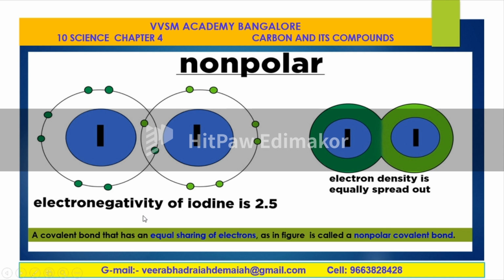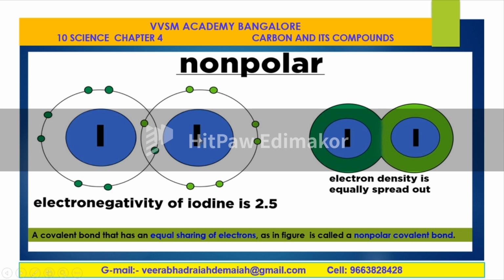Non-polarity. Electronegativity of iodine is 2.5. Electron density is equally spread out. So therefore, in a non-polar covalent bond, there will be equal sharing of electrons between both iodine atoms. This is an iodine atom.